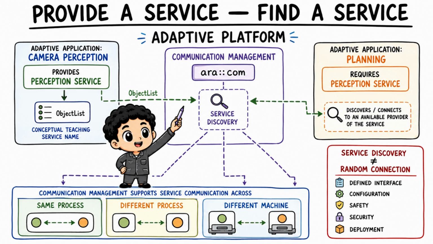A requesting application can identify an available provider of the service it needs rather than hard-coding every interaction around one physical software location. But dynamic service discovery does not mean random software connects to anything at once. The complete system still has defined interfaces, deployment constraints, configuration, safety requirements, security controls, and communication design.